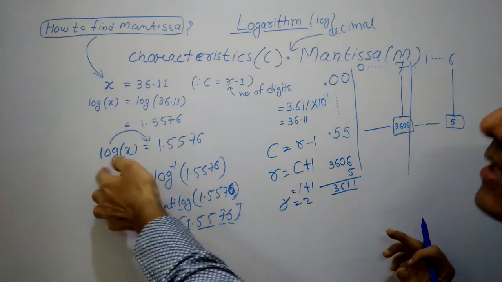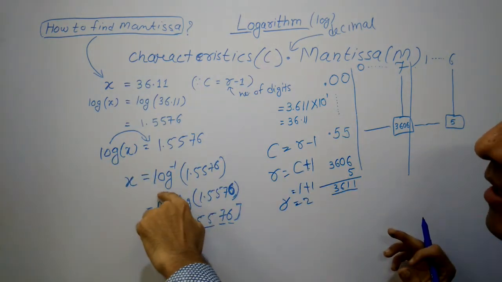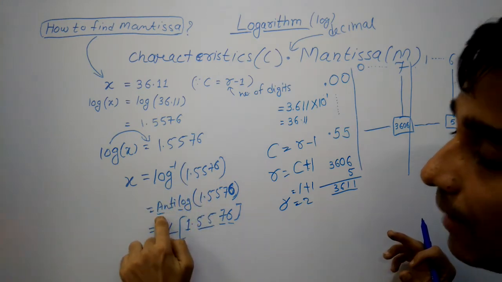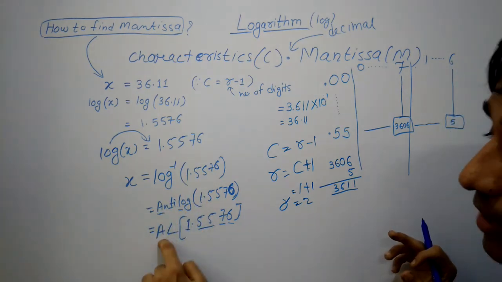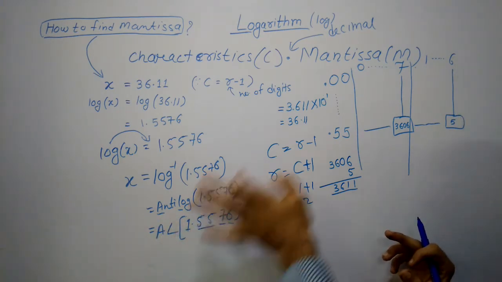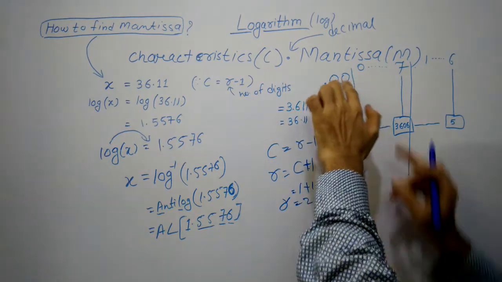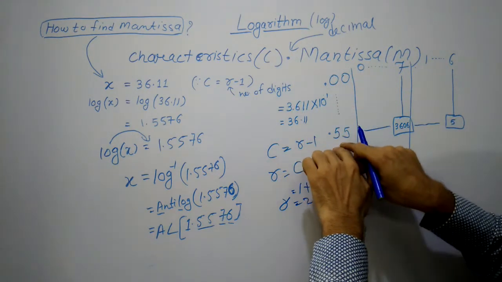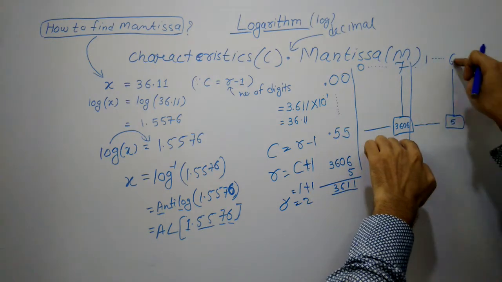For the anti-log you take the inverse of the log. So the anti-log, whose short form is capital A, capital L. Directly put it here and copy the number here, and you get the number directly. So you have to check in the anti-log tables: 55 under 7 under 6.